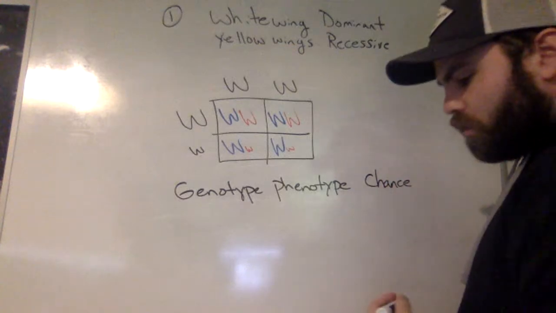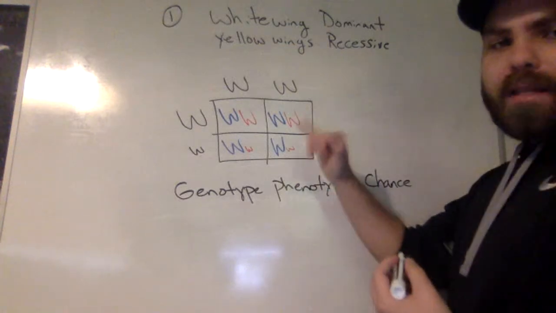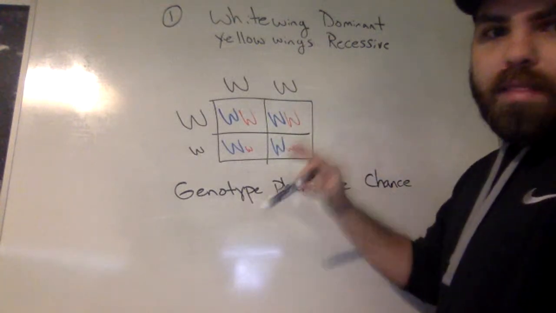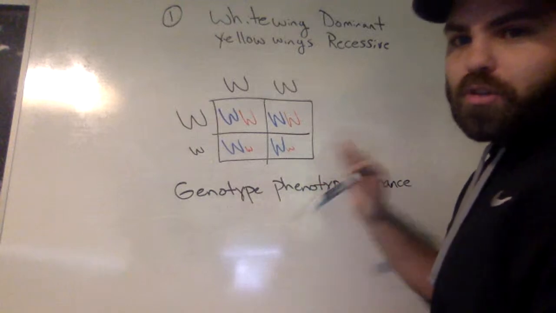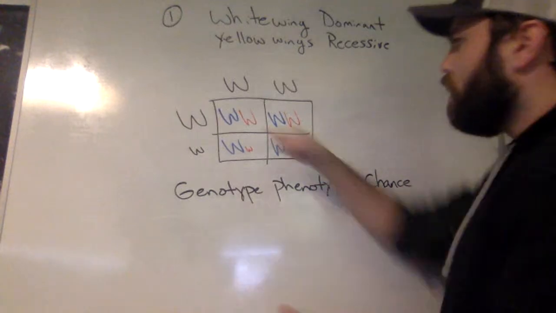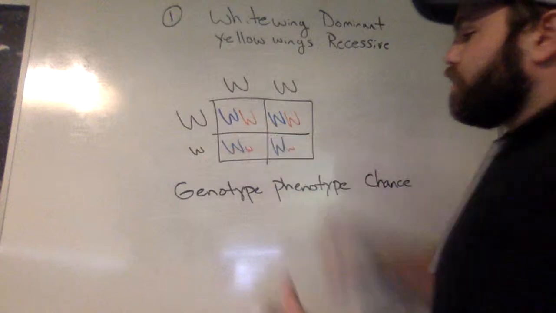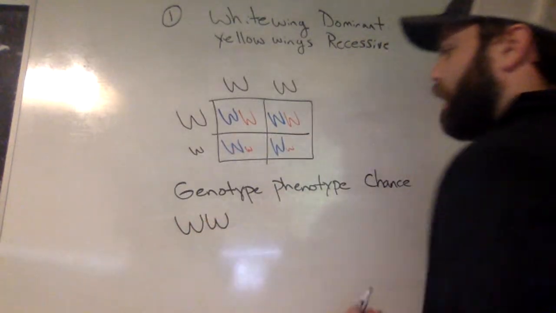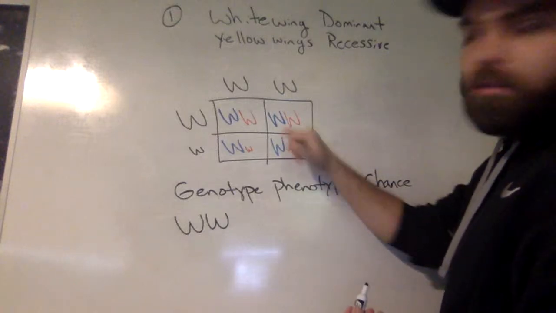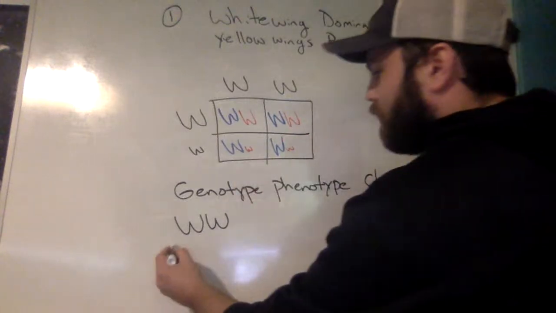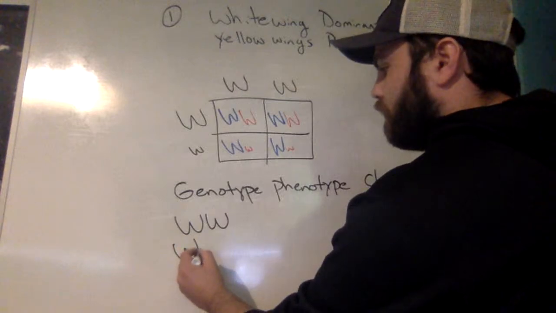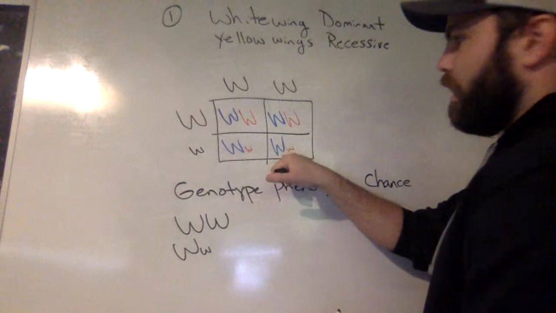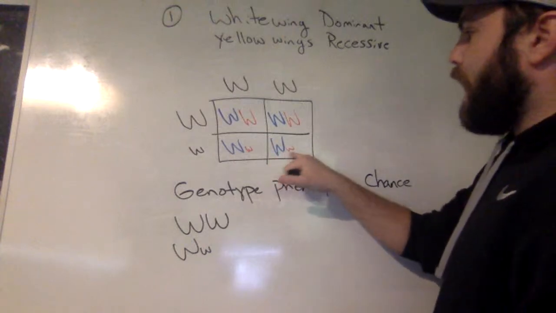So genotype is all the possible different combinations that the alleles can have, which are the letters. So we have 2 capital W's, so we got to write that one. That's capital W's again, so we don't have to write it again. Then we have a capital and a lowercase. And then we go to this one, and we still have that capital and lowercase.